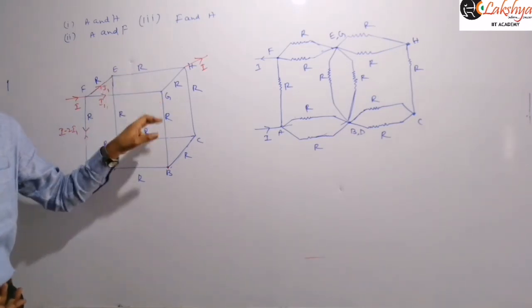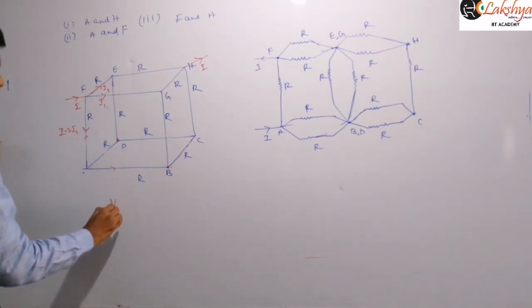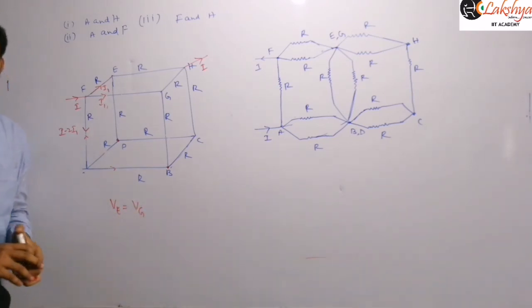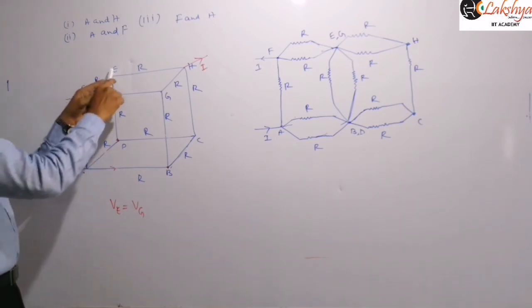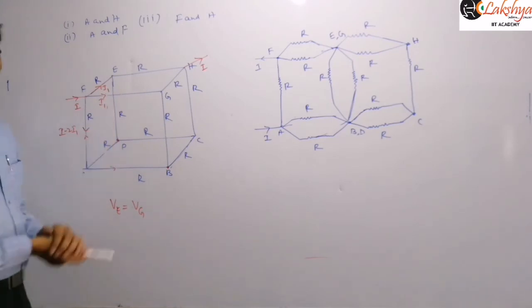So I can write this potential of E is equal to potential of G. Why is it same? How are we saying those are same potential? Potential difference is I1R, and potential difference here also I1R.